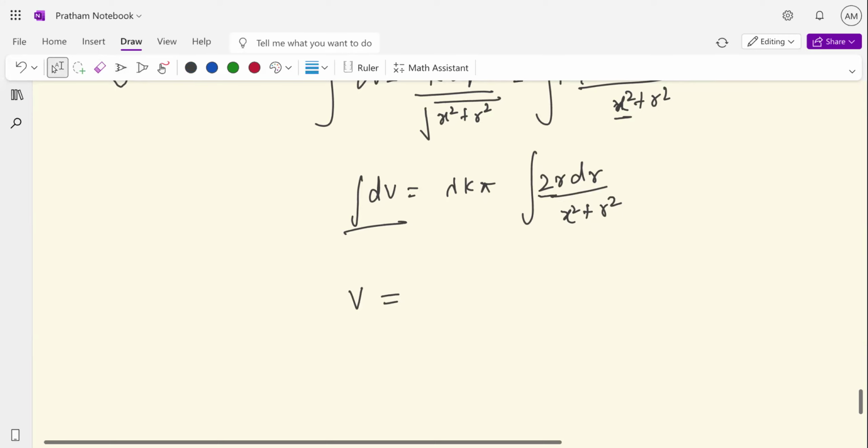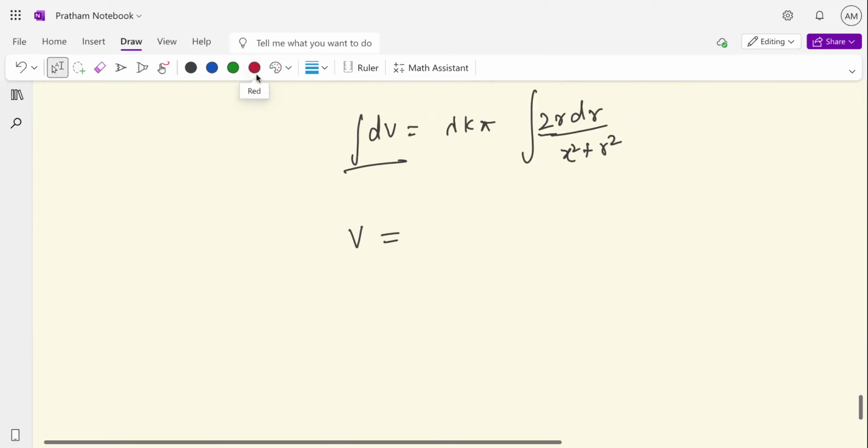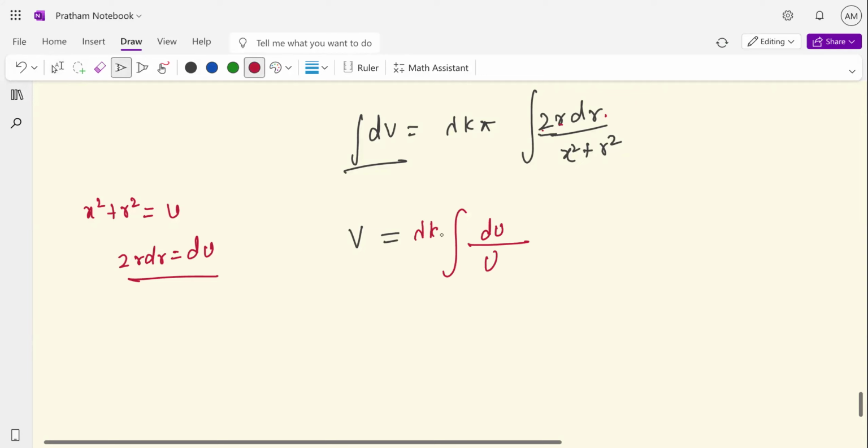Yes. So for integration I can say that my x square plus r square is nothing but u. So I'll be getting 2r dr equals du. Is that clear? So you can see 2r dr, I can rewrite this thing as du divided by the square root of u. Wait, how is 2r dr equal to du?